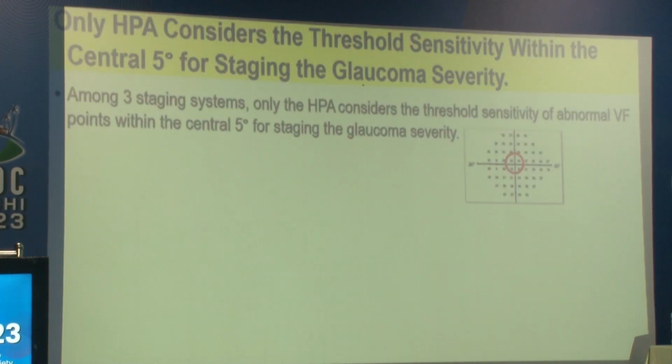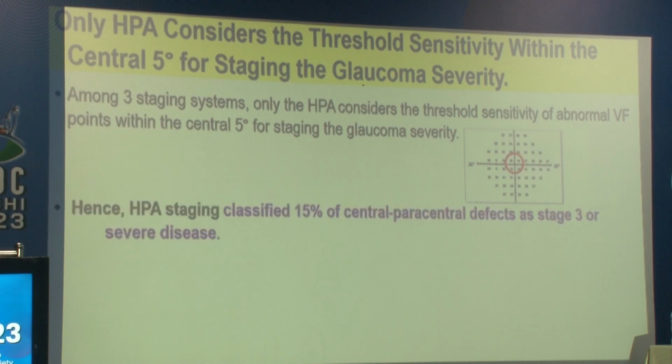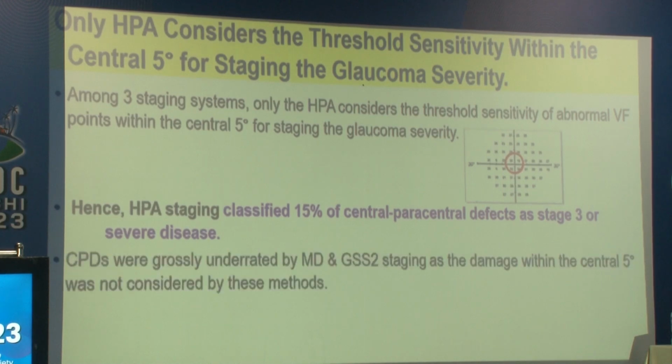Among the three staging systems, only the HPA considers the threshold sensitivity of abnormal visual field points within the central 5 degrees for staging glaucoma severity. Hence, HPA staging classified 15% of the central paracentral defects as stage 3 or severe disease.